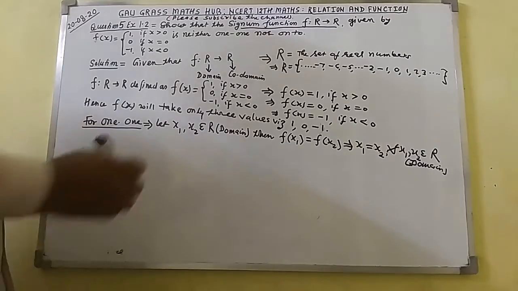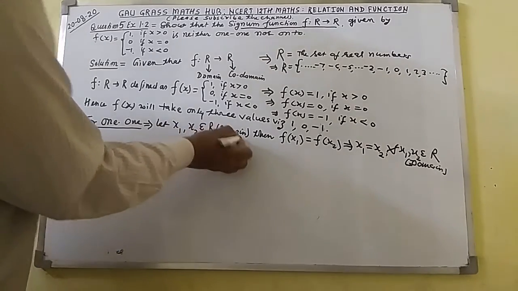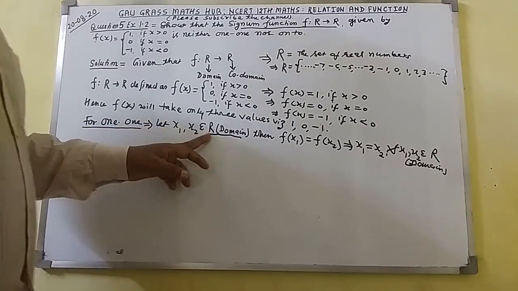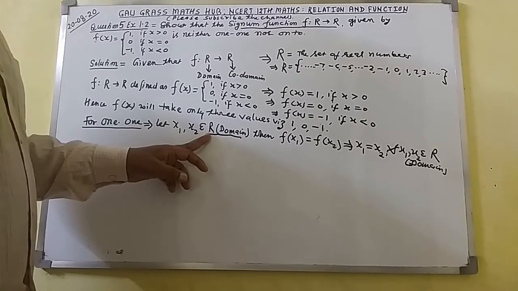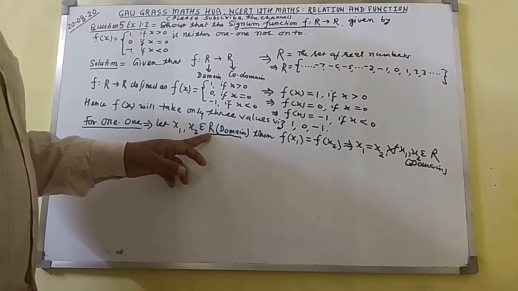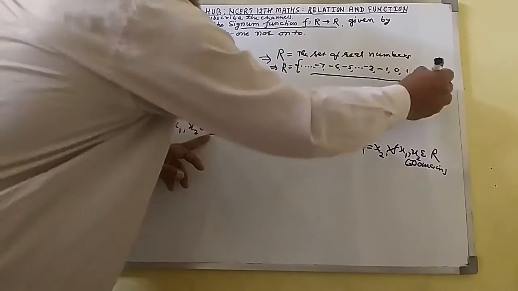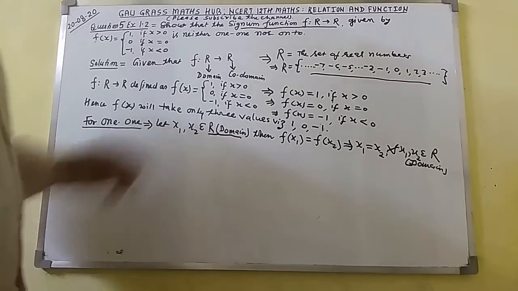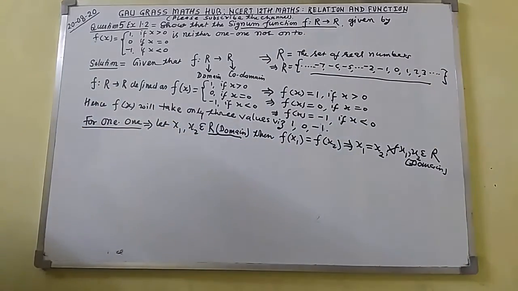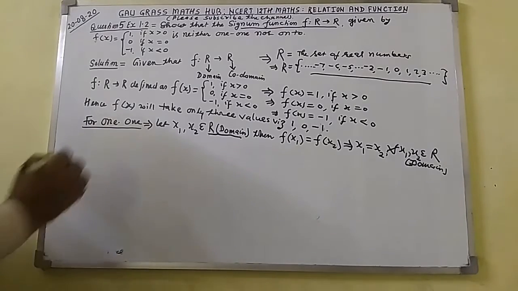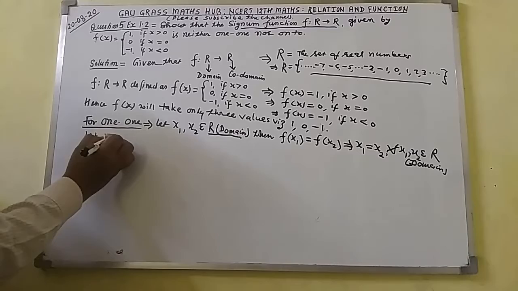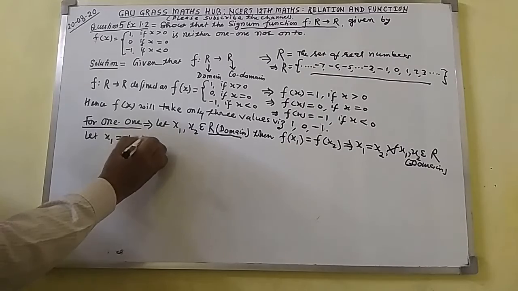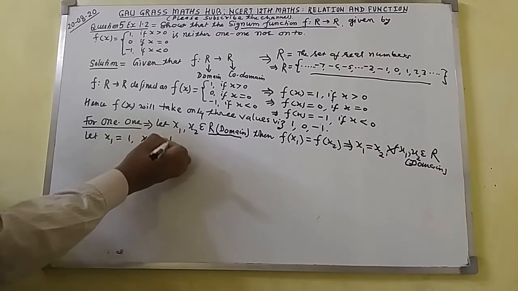So what will we do here? Here you can see capital R is the domain. The capital R is the set of real numbers. The elements of capital R can be taken from these members. The x1 can be 1, x1 can be minus 1. So let x1 equal to 1 and x2 equal to minus 1.